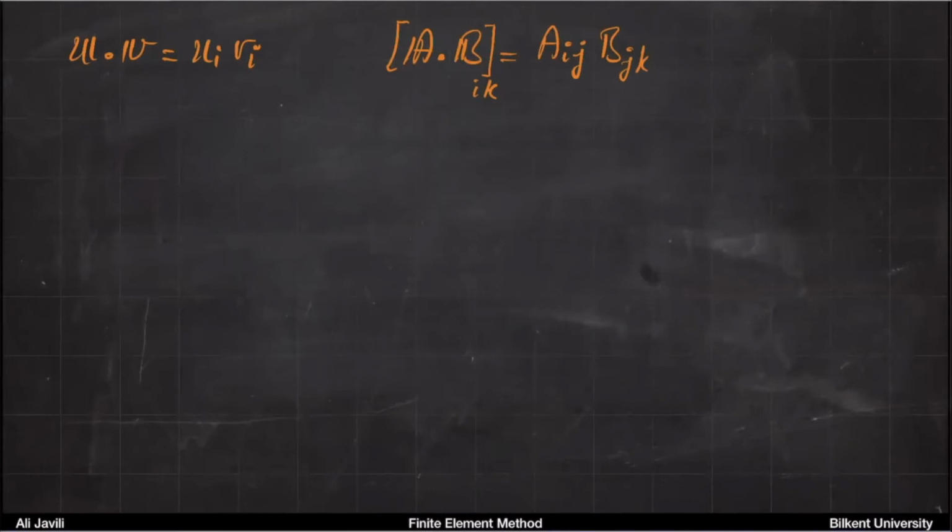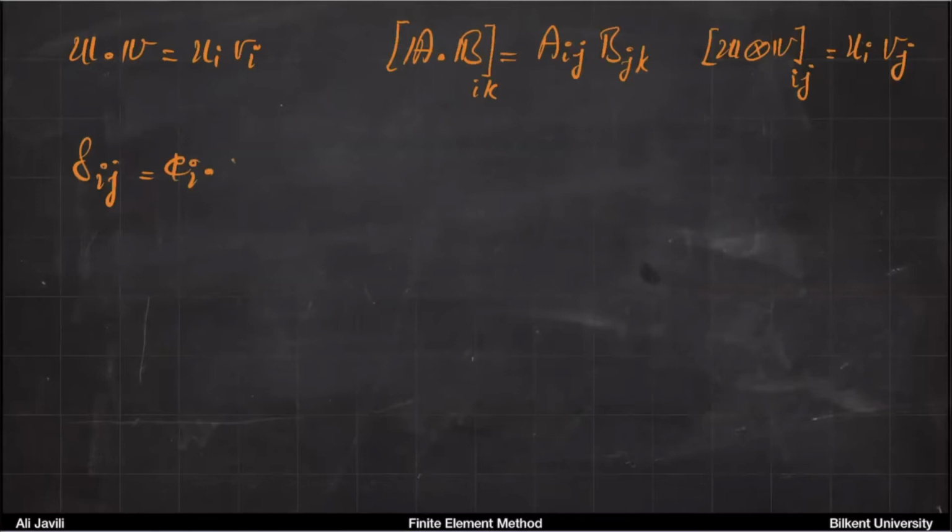And then you have u dyadic v. Again, u dyadic v is also a second order tensor, or matrix here, and the component ij of that is ui vj. So we have learned this, and we have also learned delta ij is ei dot ej.